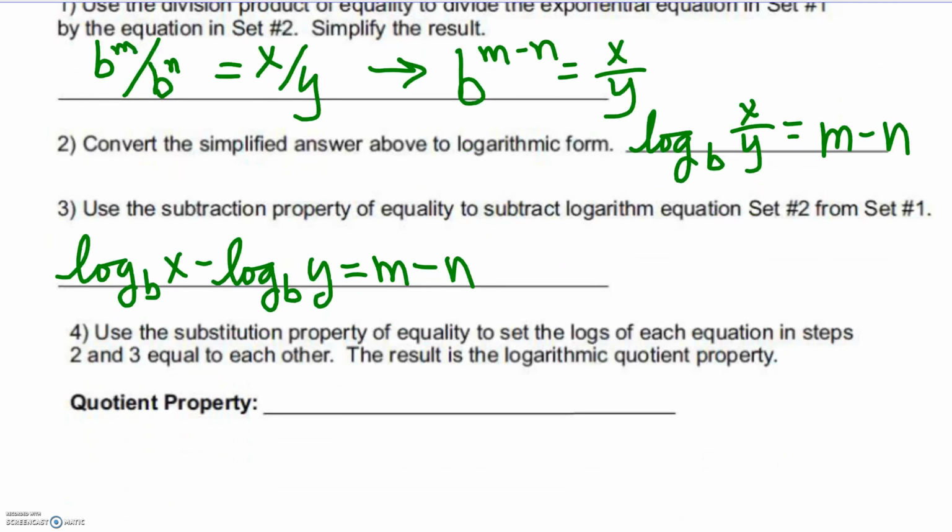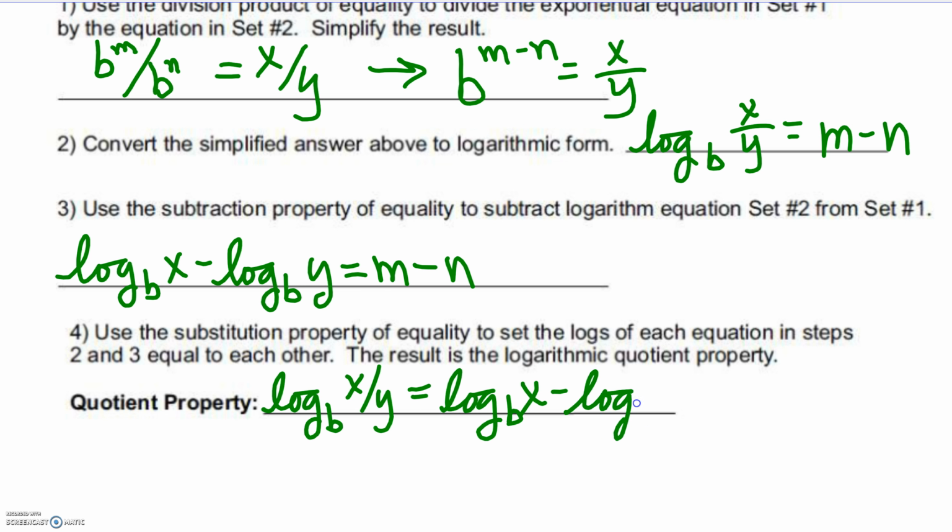So we can use substitution and say that log base b of x over y is equal to log base b of x minus log base b of y, and there's our quotient property. All right, let's go over to our note packet then and just fill these in. Hopefully that gives you an idea of why these are true.